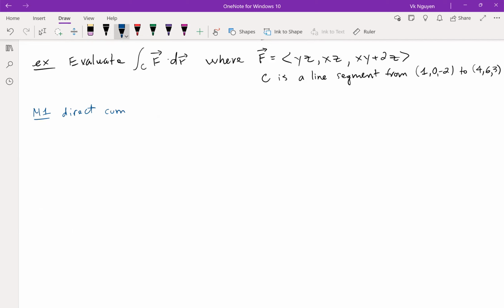Direct computation. Okay, so for the direct computation, it's pretty straightforward. You just have to parameterize C here.